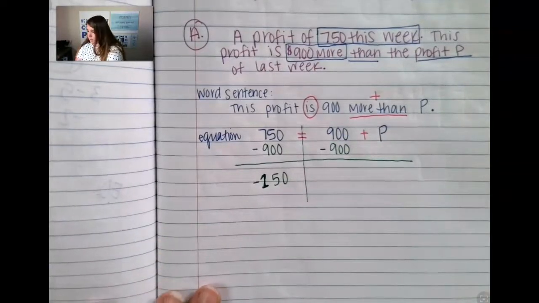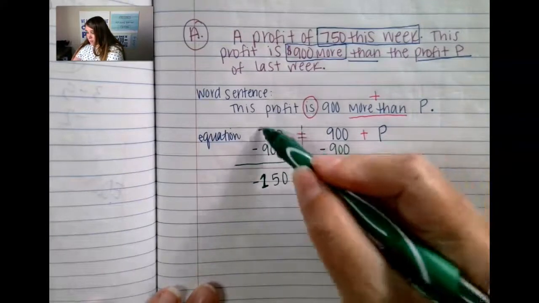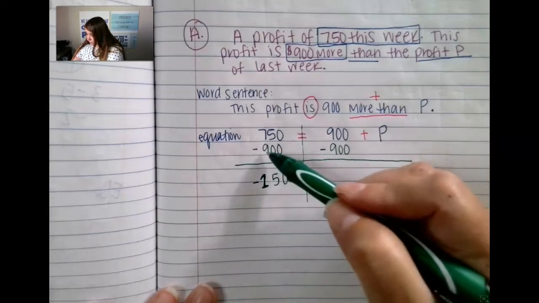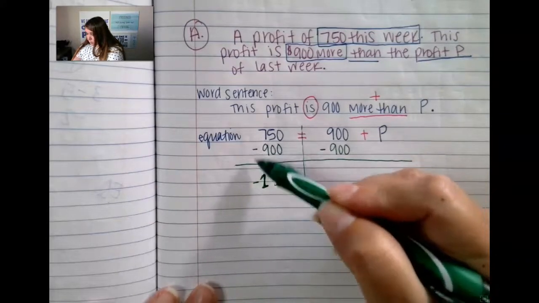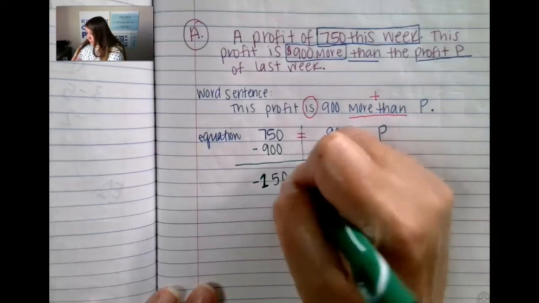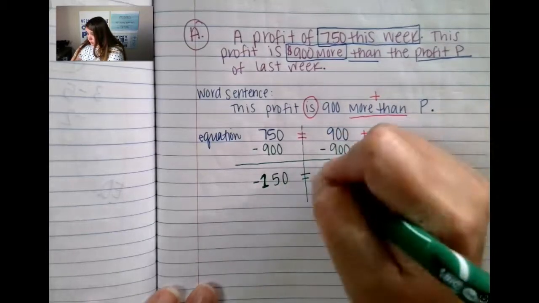If we add this back up, then we can get back up to 750. That's how you check your work there. So we had negative 150 is equivalent to P.